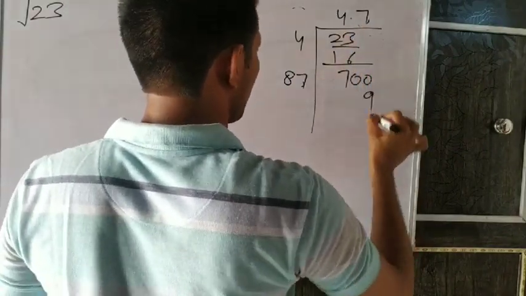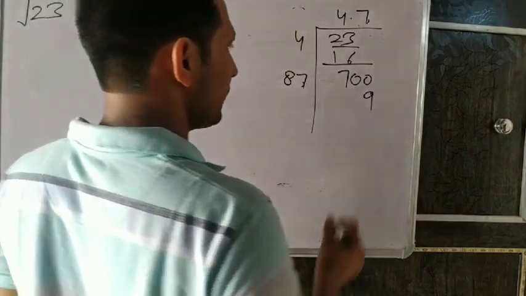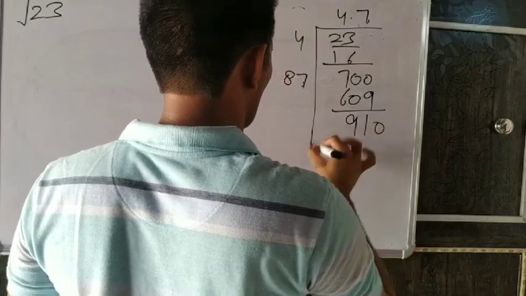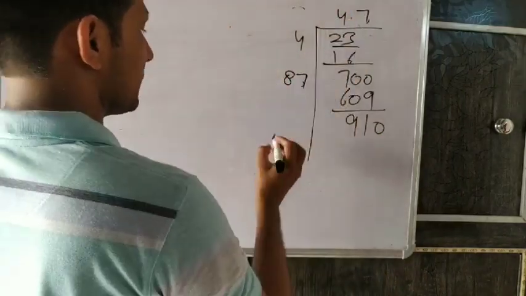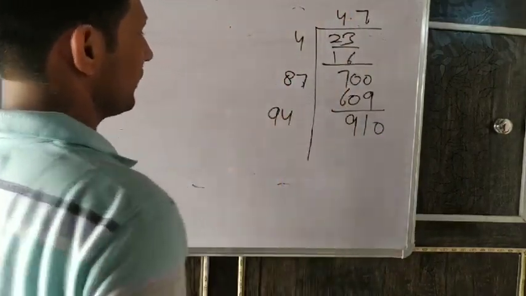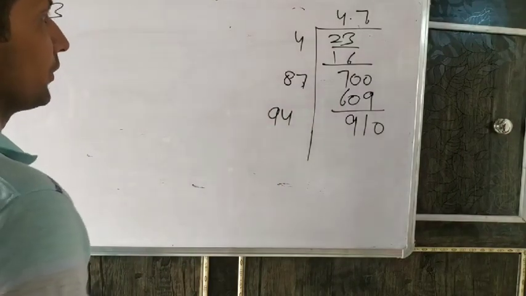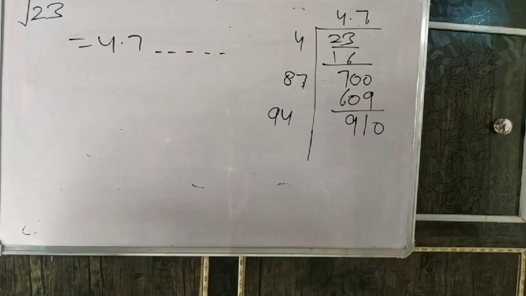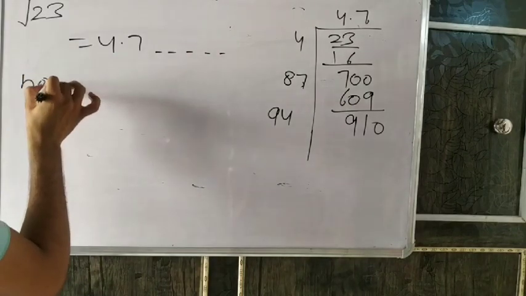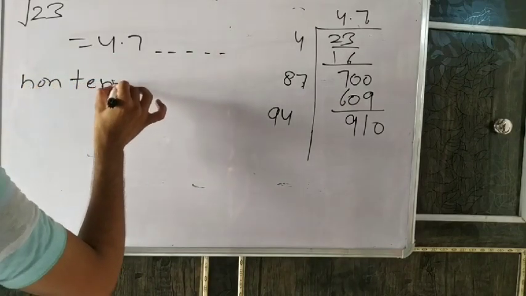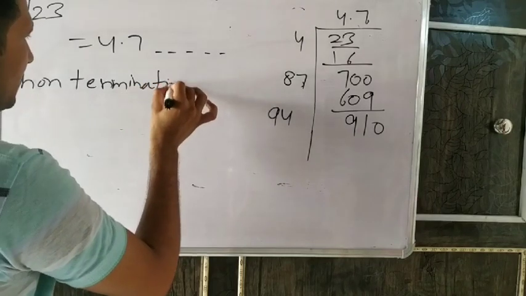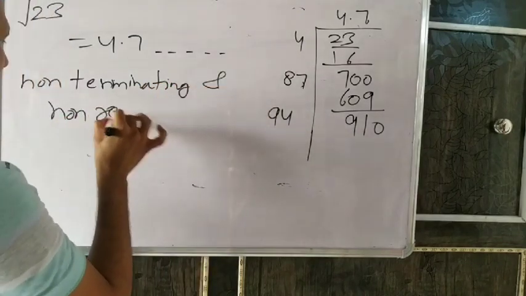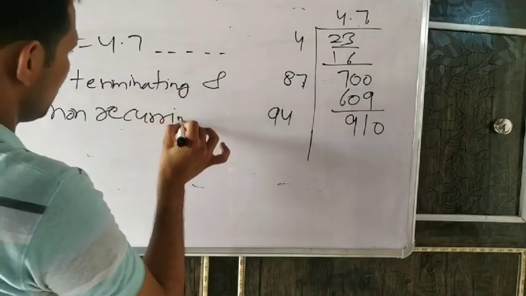7 7s are 49, 8 7s are 56. So it comes to 4.7 and so on, like this you can write. So it is non-terminating and non-recurring.